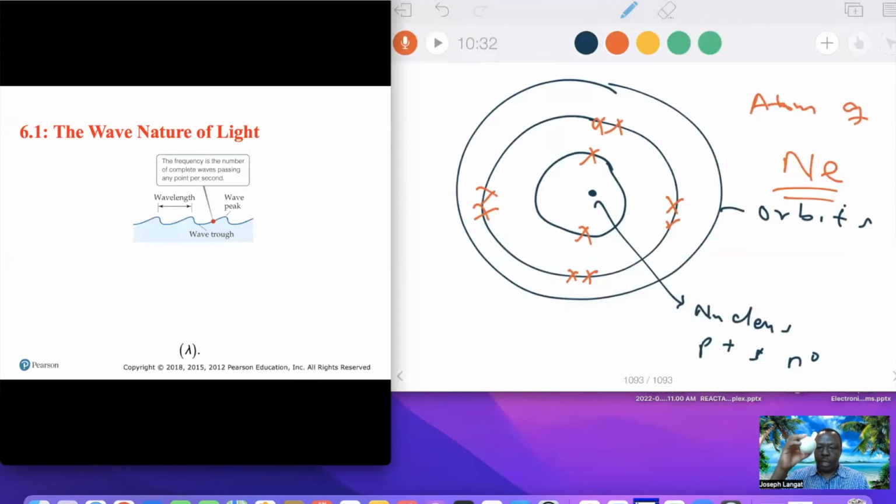Assuming this is a tennis ball, and we take it as an atom, we need light. If the electrons are in here, it's dark, we need light in order to see the electrons.